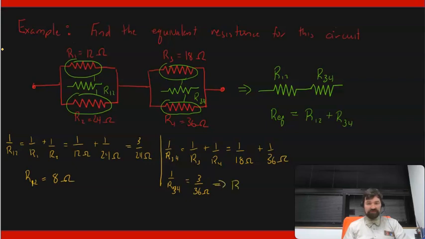And so that means that R34 is equal to 36/3 or 12 ohms. And so that means that the equivalent for the whole system, and maybe I could do this one out in green just for contrast, is therefore 8 ohms plus 12 ohms. And that means that our total circuit equivalent resistance is 20 ohms.